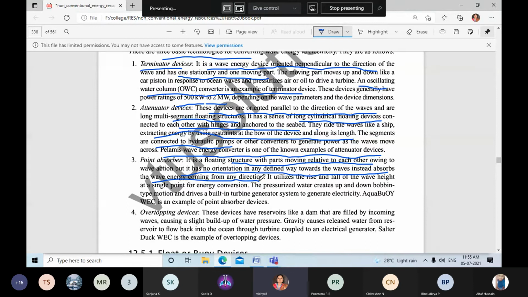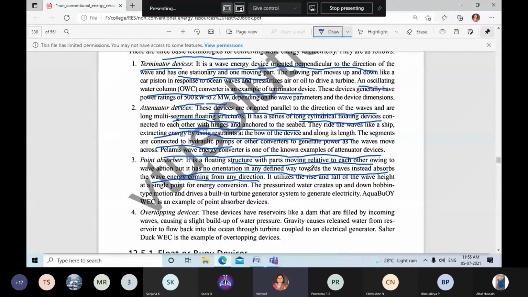In terminator it is perpendicular, and in attenuator parallel. In point absorber there is no perpendicular or parallel. It is not oriented in any defined way. Okay, it will absorb waves, wave energy coming from any direction.